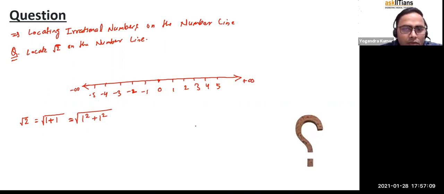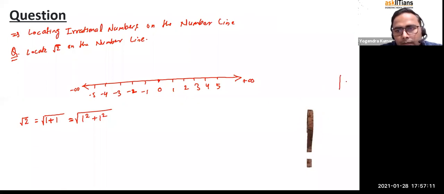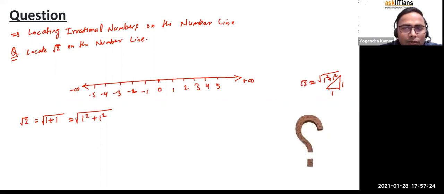In a triangle, when this side is 1 and this side is 1, it will be 1 square plus 1 square by Pythagoras. I hope you all know this. If by chance any doubt is there, you can clarify with the teacher, then come back to this lecture and do it. So this is the Pythagoras theorem.